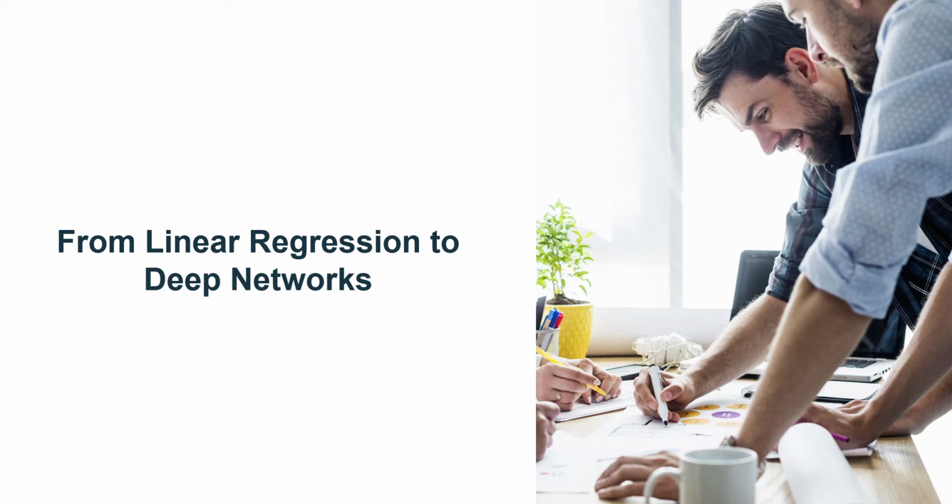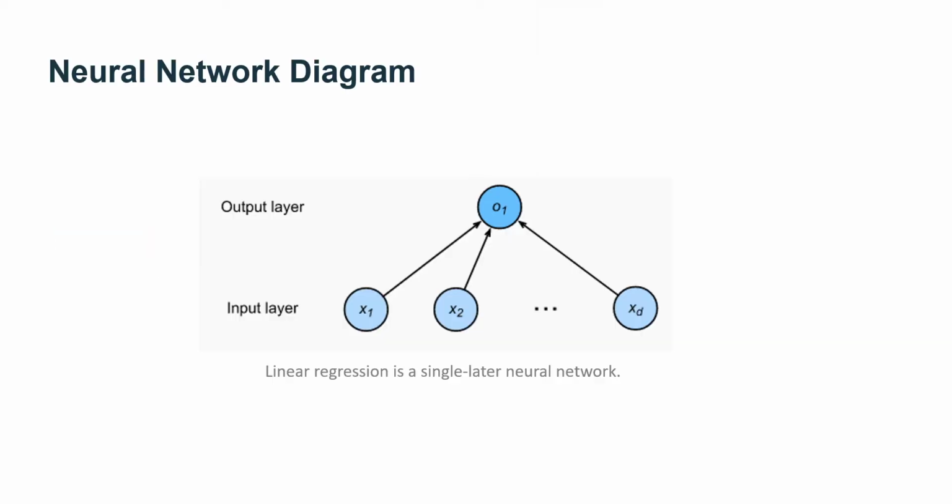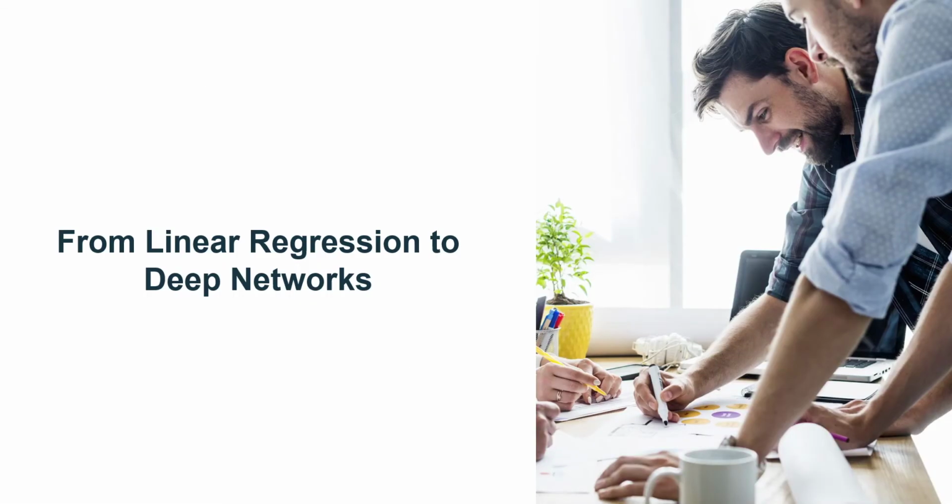From linear regression to deep networks. So far, we only talked about linear functions, while neural networks cover a much richer family of models. We can begin thinking of a linear model as a linear neural network by expressing it in the language of a neural network. To begin, let's start by rewriting things in a layer notation.